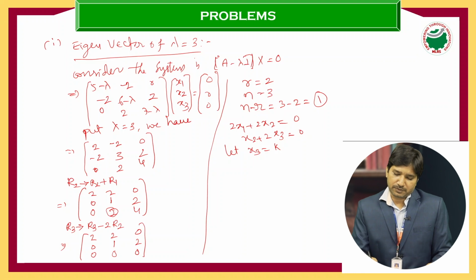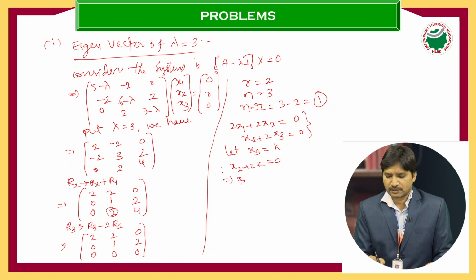Substitute in the equations: x2 plus 2k equals 0, that implies x2 equals minus 2k.